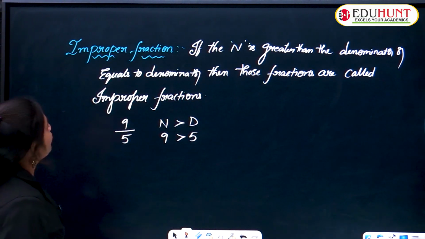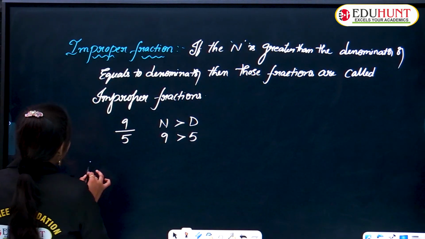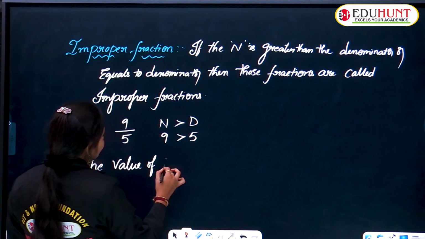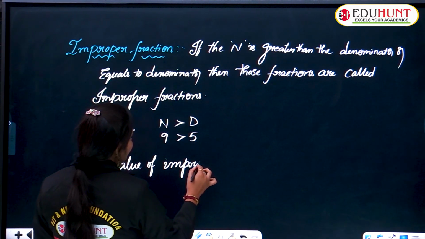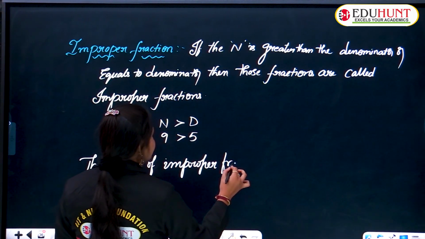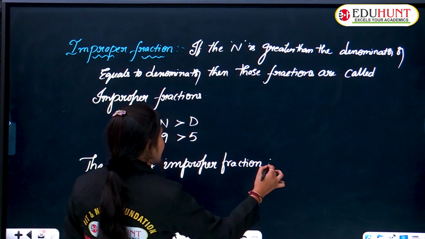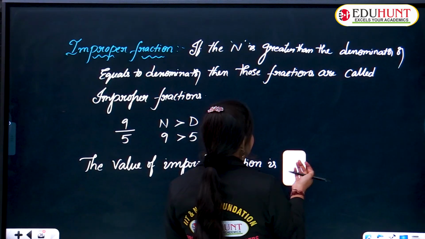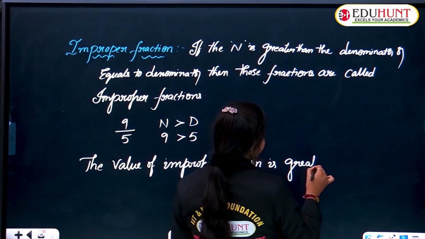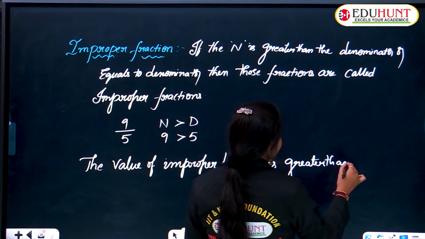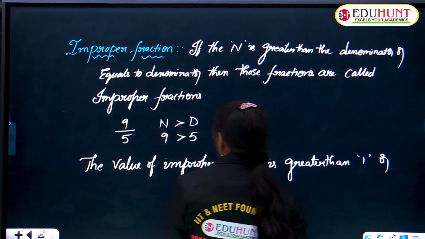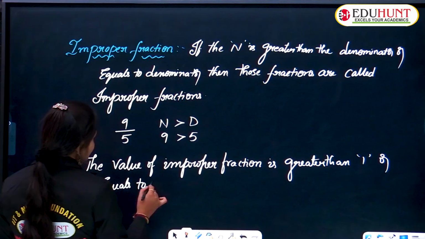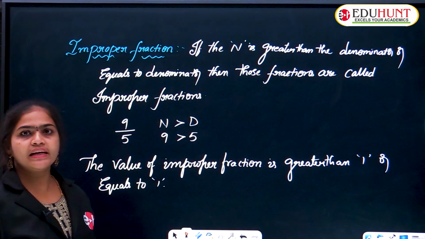Am I clear? Now here we say that the value of an improper fraction is always greater than 1 or equal to 1.